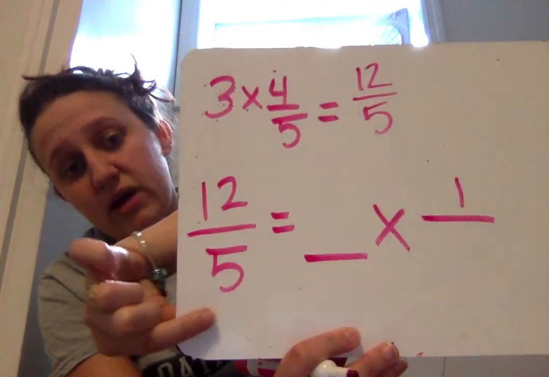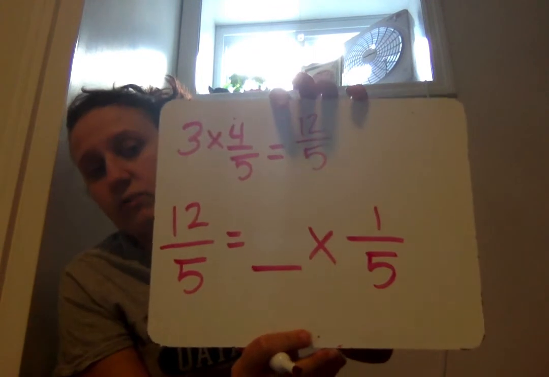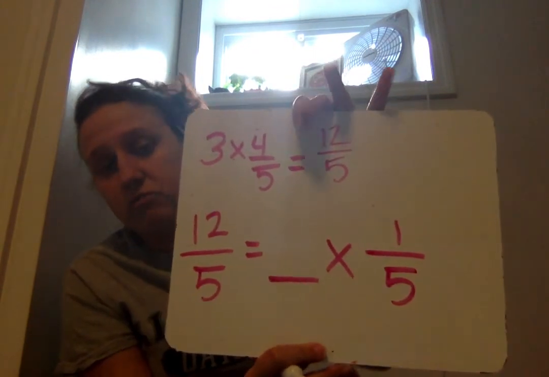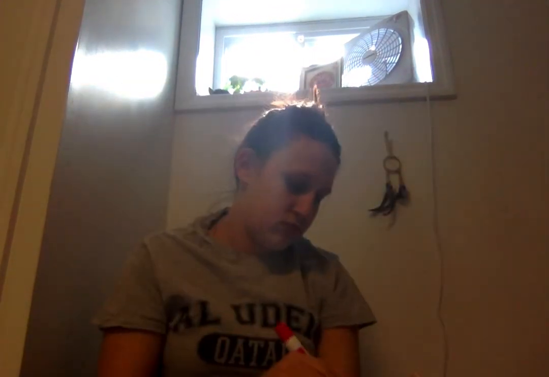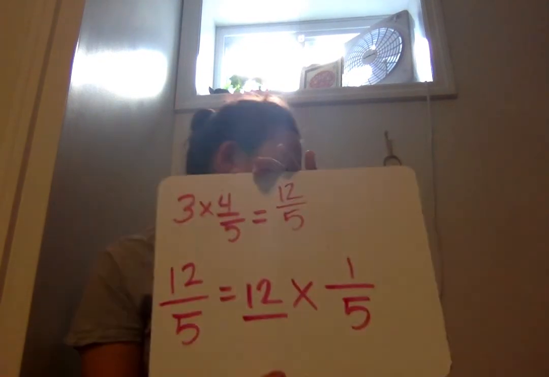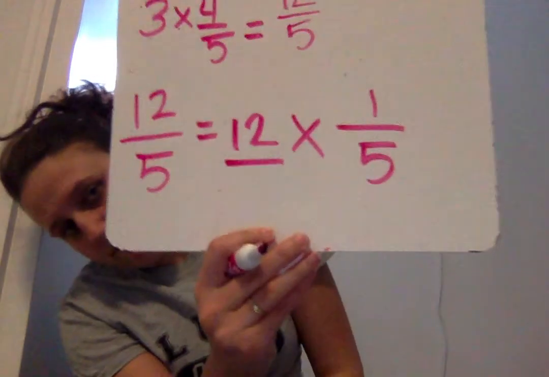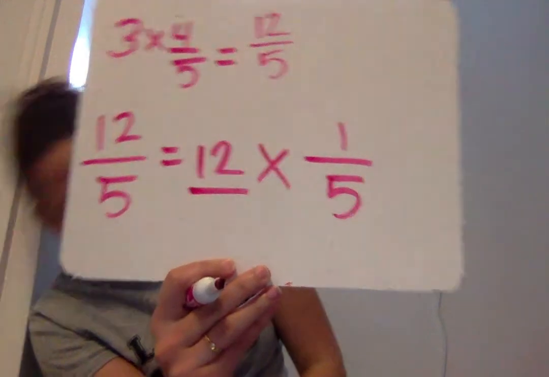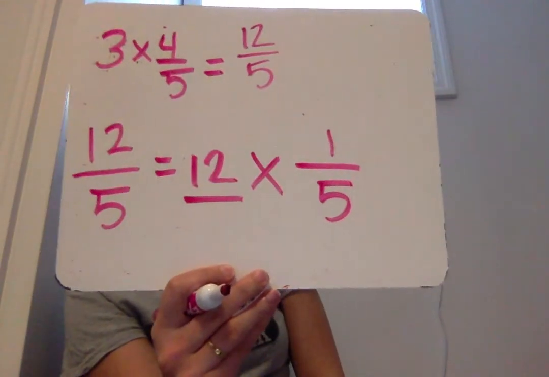So the bottom never changes, so we're going to keep the 5. Now, what times 1 over 5 equals 12 over 5? 12. So the only answer would be 12 times 1 over 5, and that's the middle one.